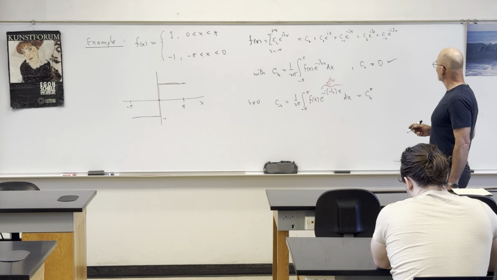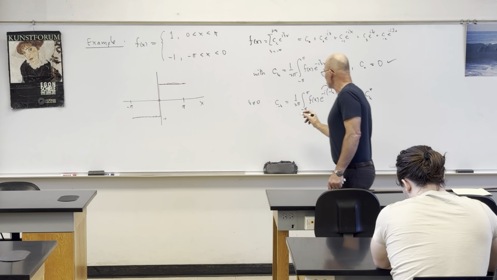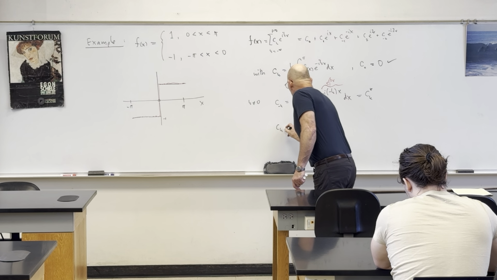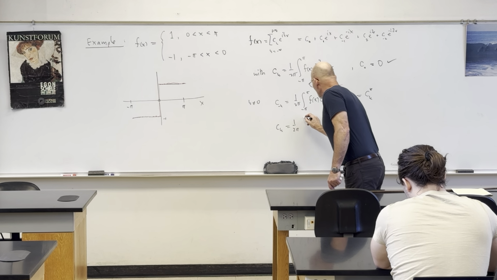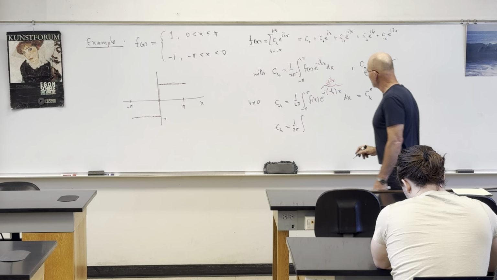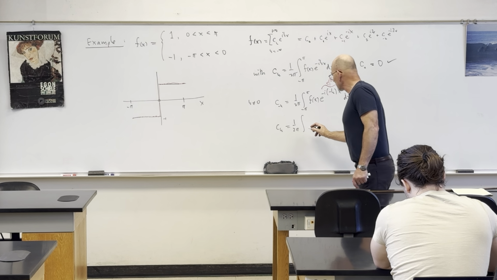So now we actually have to get to work and do the integral. So we'll do 1 over 2 pi, and this is a sport where you can lose minus signs pretty easily.